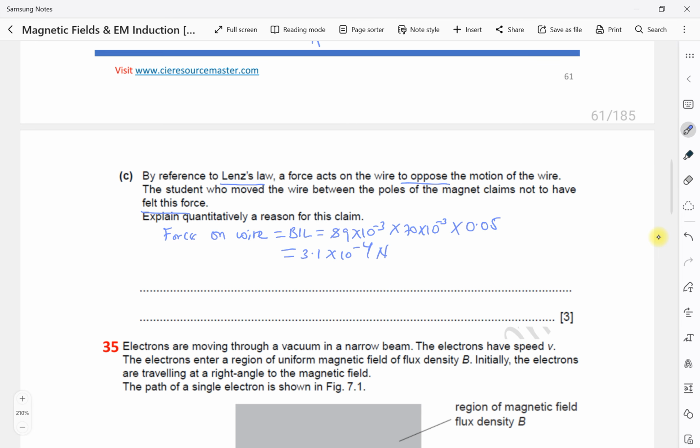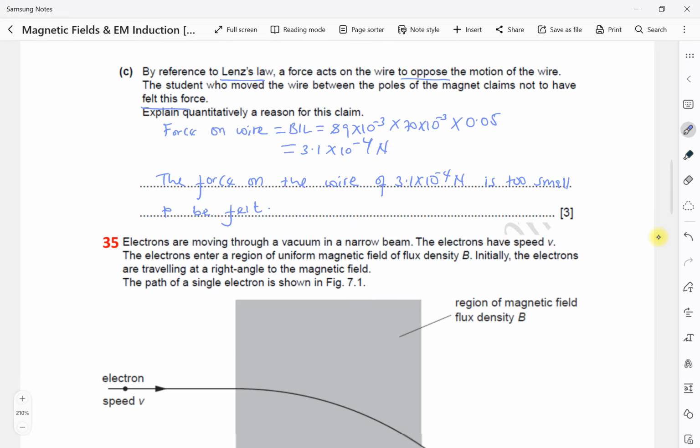So the force on the wire of 3.1 times 10 to the power of minus 4 newtons is too small to be felt. So the student might be right.